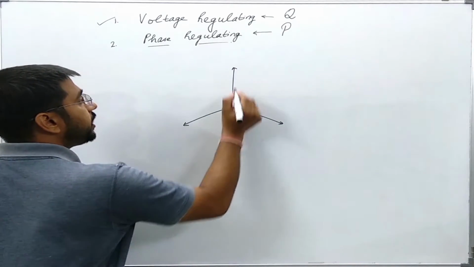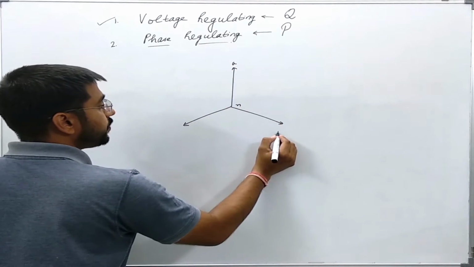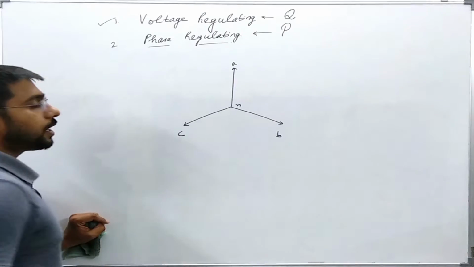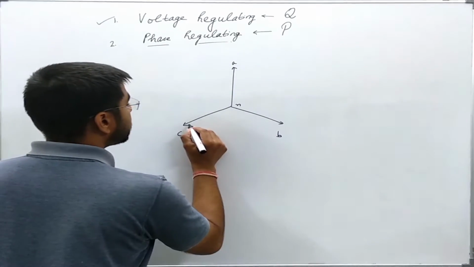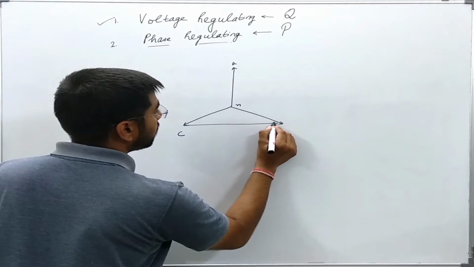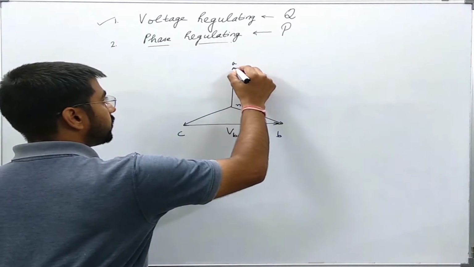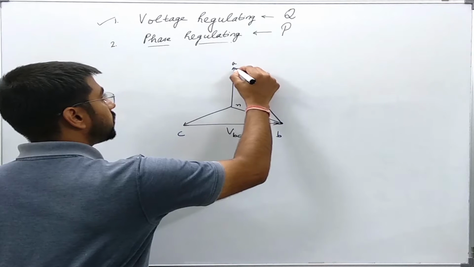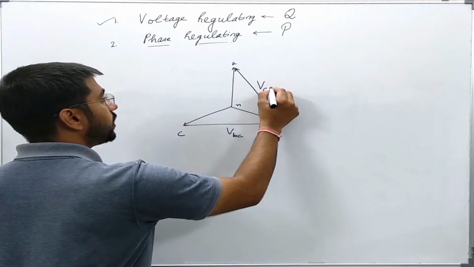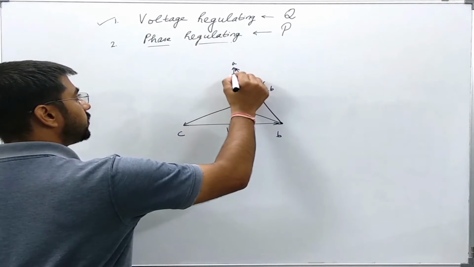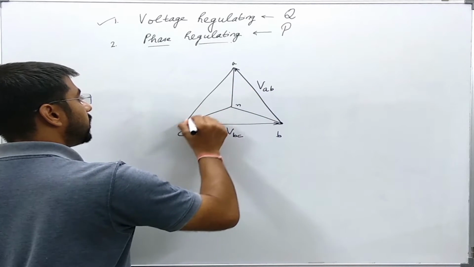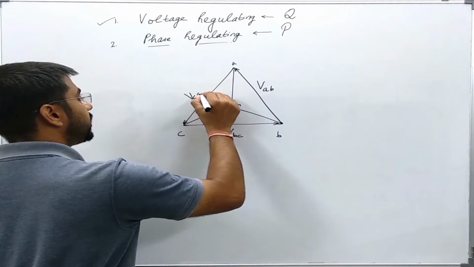This is the neutral point, this is A, this is B, this is C. Now the line voltages can be easily drawn as: this is VBC, this is VAB, and this is VCA.